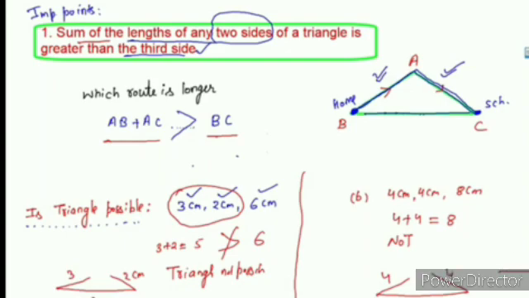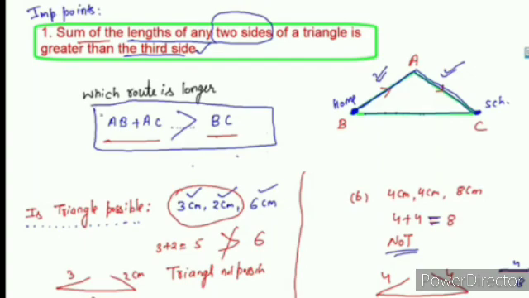Got it? So it is also not possible. If you construct it, it will not be a closed figure. So a triangle is possible when the sum of the lengths of any two sides of a triangle is always greater than the third side. Got it? This is the new property.